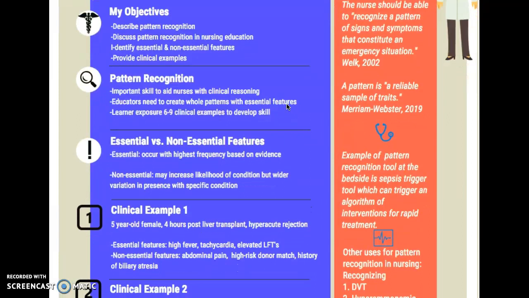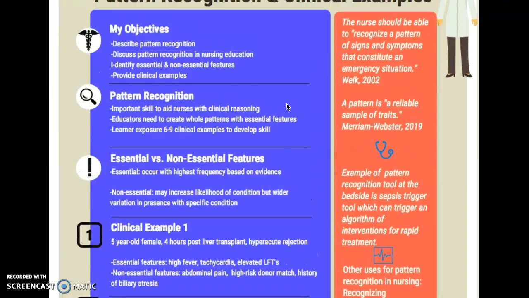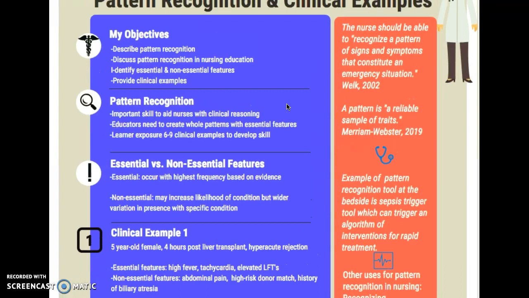So reading further, I learned about essential versus non-essential features. And I learned that essential meant that the symptom or the characteristic occurs with the highest frequency, and that is based on actual evidence. So there was research done in the article to discover what are the highest frequency symptoms that occur with myocardial infarction.